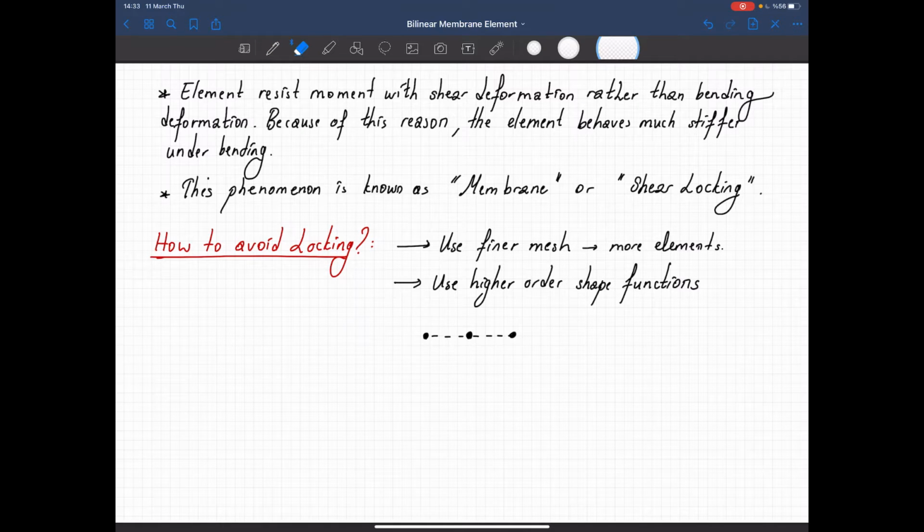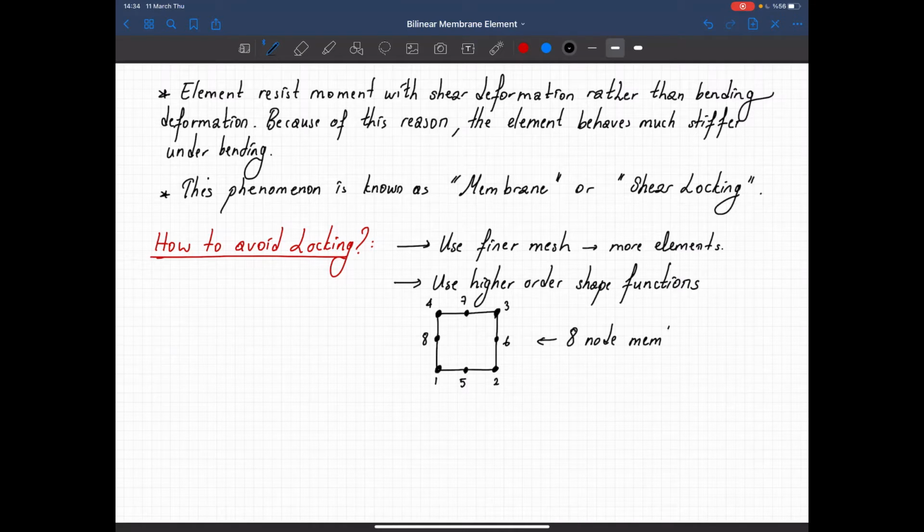So if I want to use a higher order shape function, I should have 8 node elements, with the mid nodes also. So I should try 8 node membrane elements to solve this locking problem.